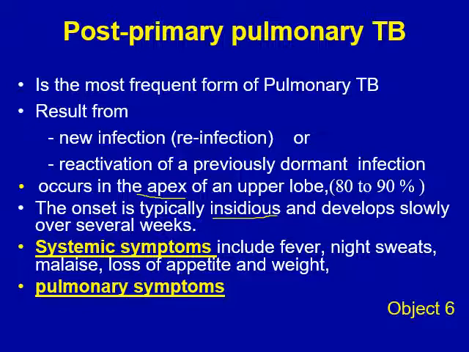A patient with post-primary TB has two features: systemic symptoms and pulmonary symptoms. Systemic symptoms: the patient may develop low-grade fever, night sweat, malaise, loss of appetite, and weight loss because of the poor appetite. These are the systemic manifestations of TB.